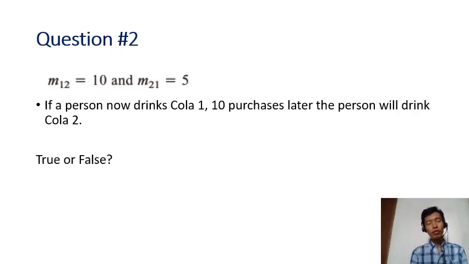The second question: given that M12 equals 10 and M21 equals 5, the statement is that if a person now drinks Cola 1, 10 purchases later, the person will drink Cola 2. Is this interpretation true or false?